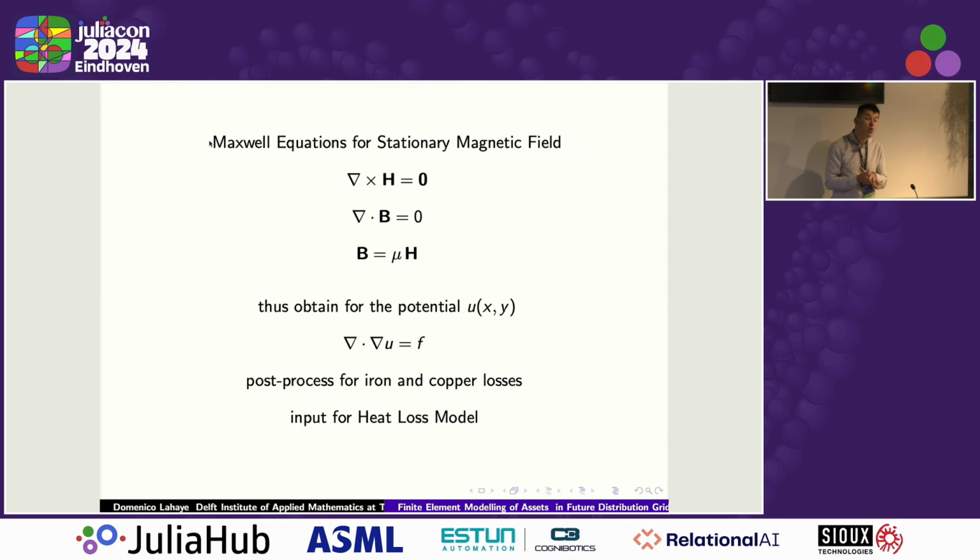What I want to do in my modeling approach is to explain how the power transformation works. So what I do is I make a model of the Maxwell's equations in their simplest form. So I introduce here the magnetic field and magnetic flux.